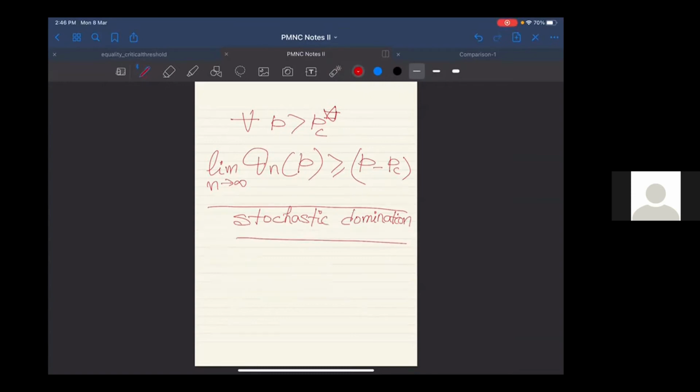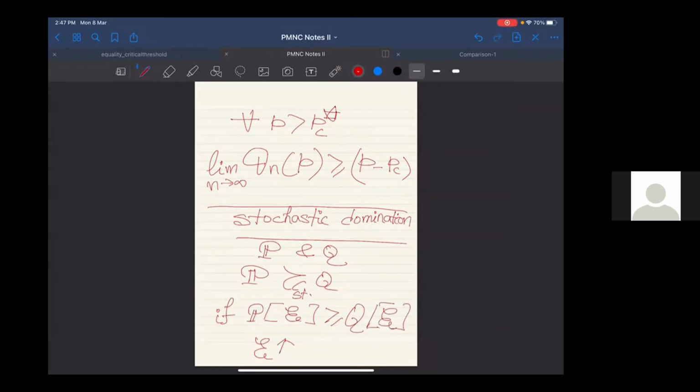In this context, and you can extend it to any partially ordered sets, let's say you have two percolation measures, P and Q, and you say that P is stochastically dominating Q if the probability of all increasing events E is bigger than or equal to that of Q, of course, Q of E.